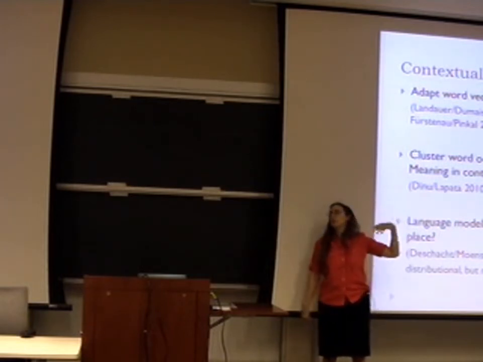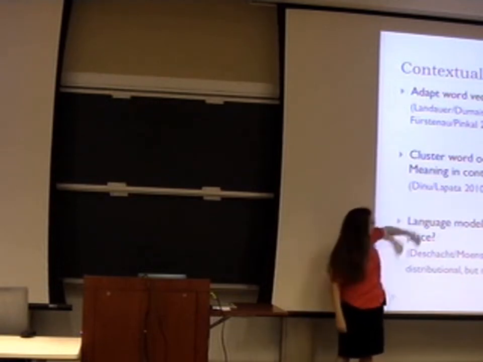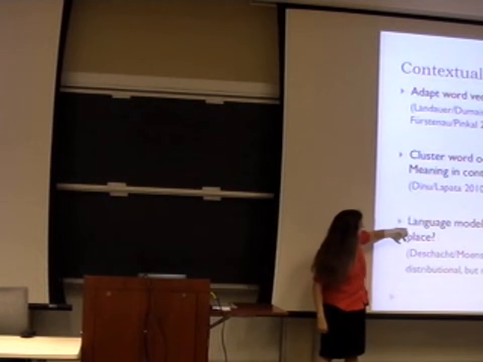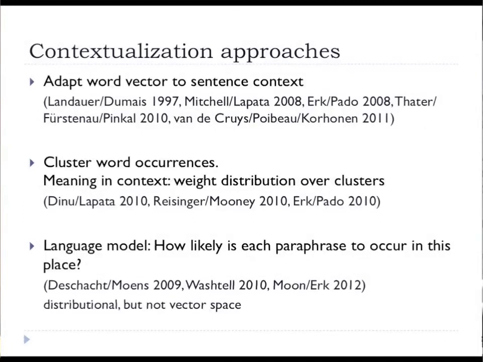And then when you have your occurrence, you choose among the clusters, or you compute a weight distribution of the clusters. A third group of approaches is to use language models: how likely is each paraphrase to occur in this place? I'm not going to say a lot about this group of approaches because they are not vector space based.